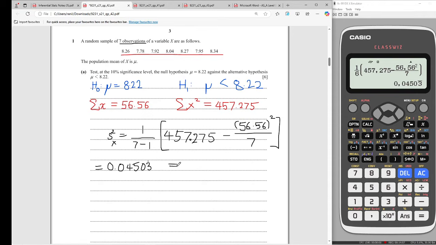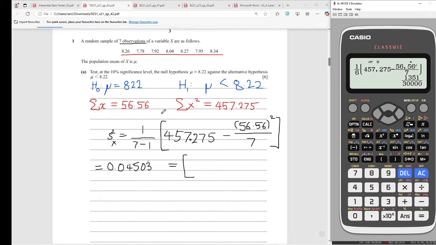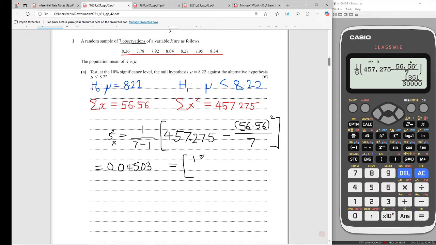However, we use the fractional value in our calculations because we want it exactly correct. So we need to use the value given in the calculator, 1351 divided by 30,000. This is basically a fractional value.